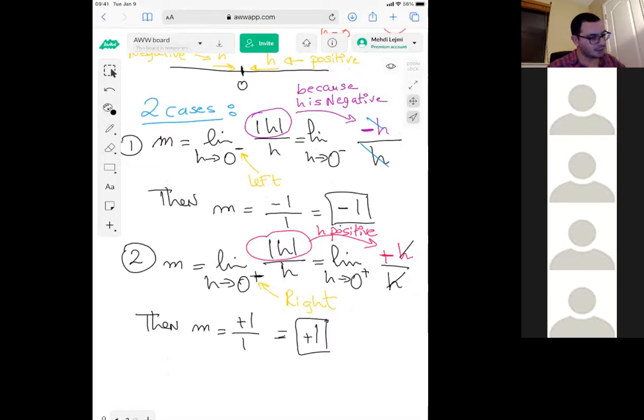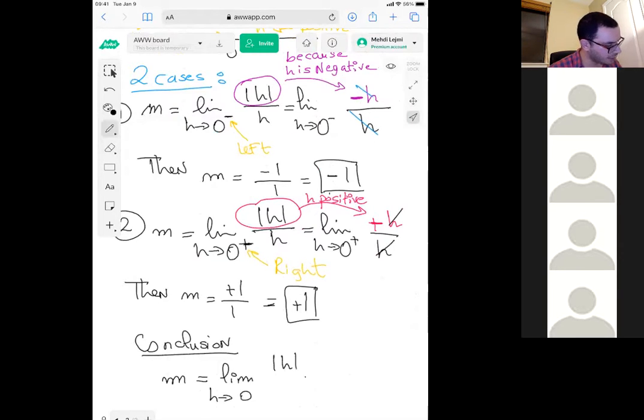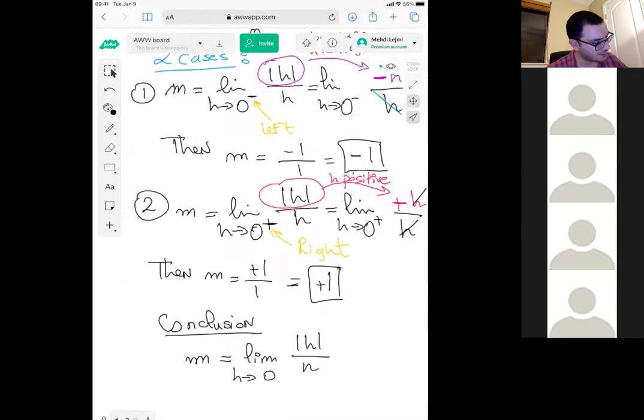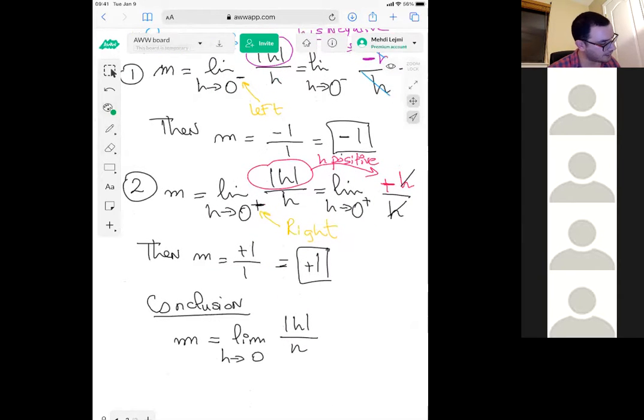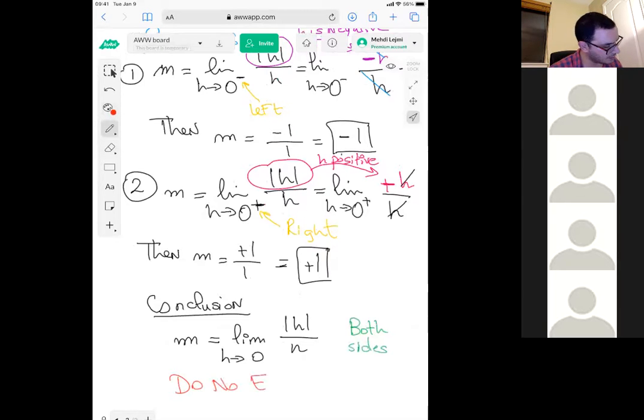So conclusion here is that your m, which is supposed to be the limit as h goes to 0 of the absolute value of h over h, this is from both sides, right? So then this limit here does not exist.